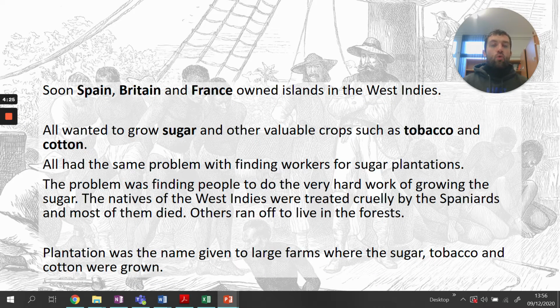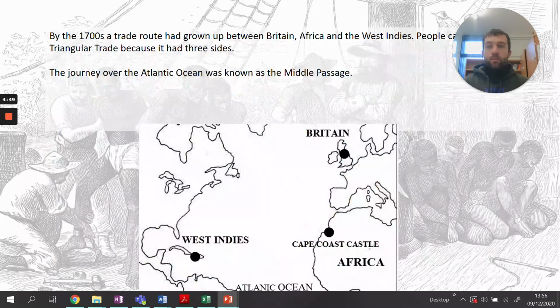They wanted to grow sugar and other crops such as tobacco and cotton, but they all had the same problem: they couldn't find people to do the hard work involved in growing these crops. So they bought slaves in, and these slaves were forced to work on their plantations, the name of the farms, as we already know.